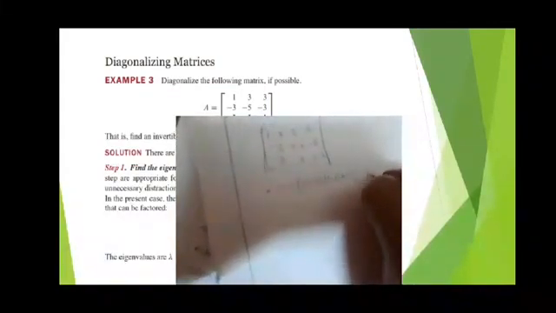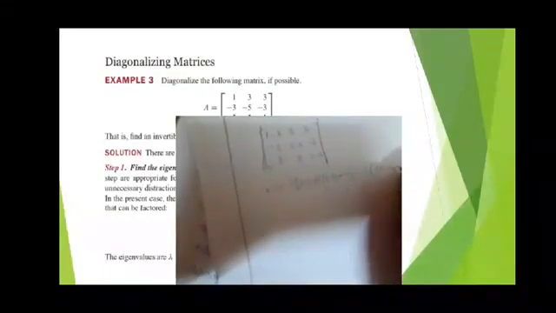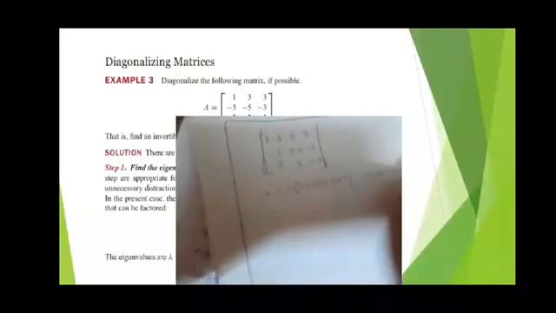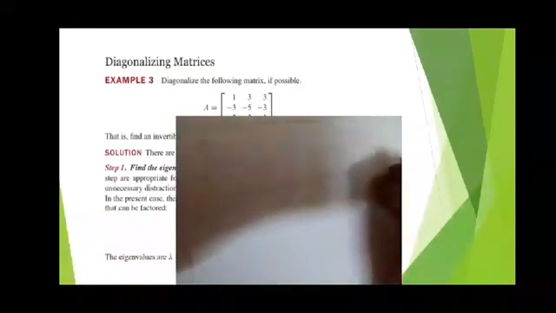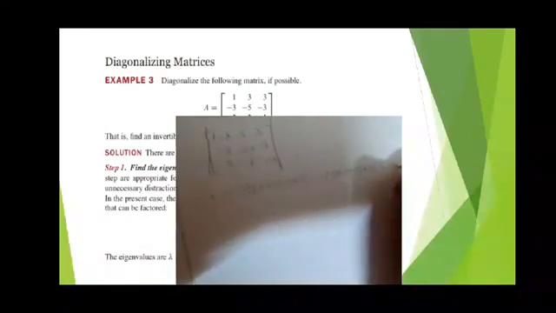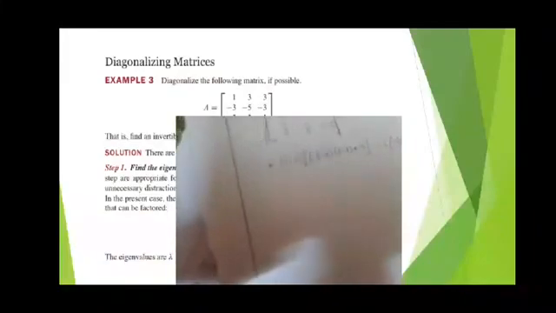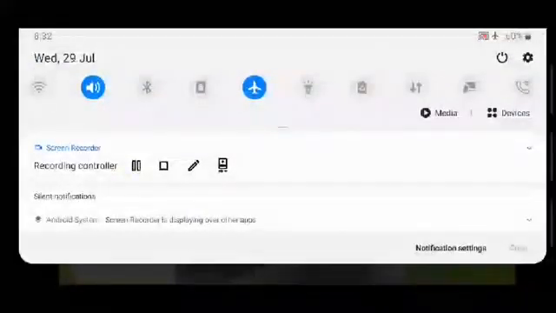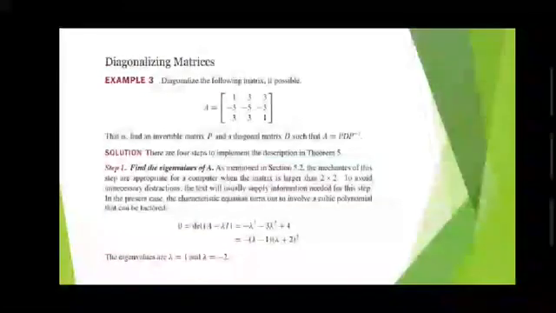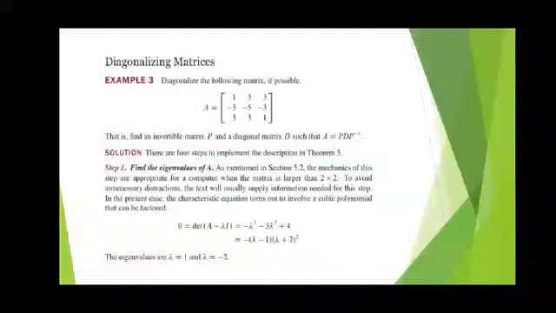Next minus 3 into minus 3 into 1 minus lambda, minus into minus plus 9, plus 3 into minus 3 into 3 minus 9, minus 3 into minus 5 minus lambda. If we simplify this, we have minus lambda cube minus 3 lambda square plus 4.